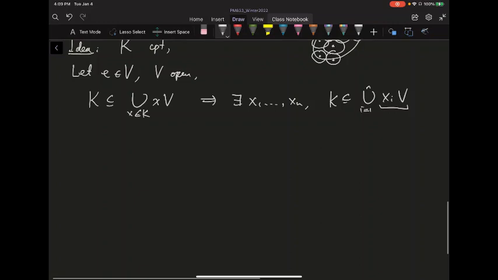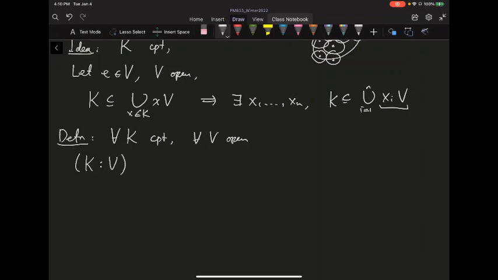So let's write down this definition. First of all, let's put this idea into a definition. Let's say for every K that's compact, and for every V that's open, let's define the following. Let's define (K:V), using this notation. That's basically the minimum number of these open covers you need.